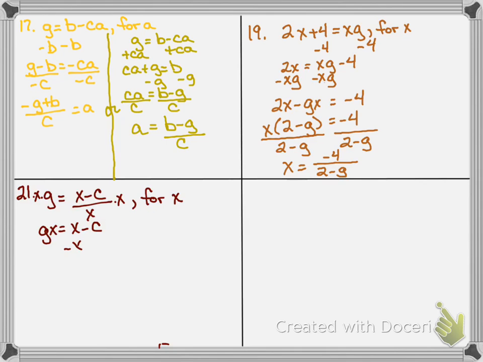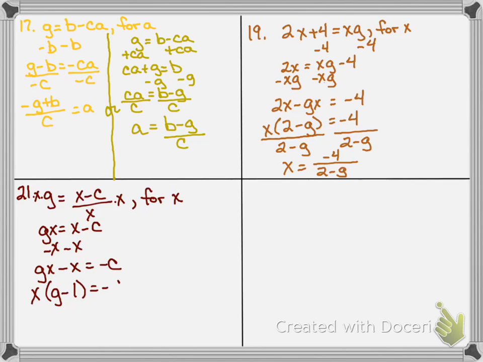I'm going to move my x over to the other side, so gx minus x equals -c. Now, like I did a while ago, I'm going to factor out that x, and that's going to leave me with gx divided by x is g, x divided by x is 1.